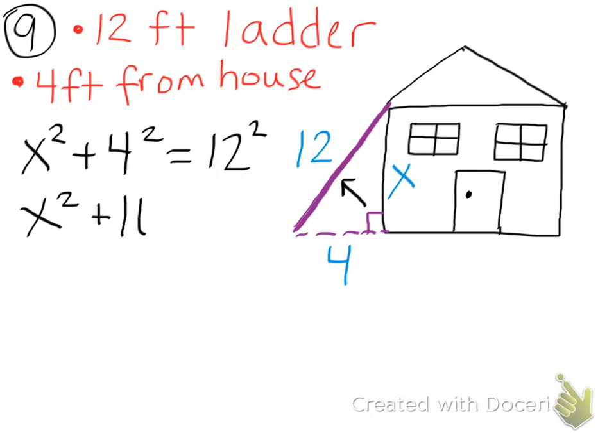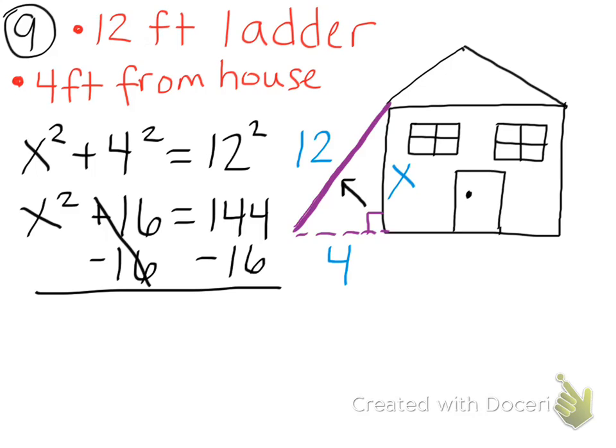So 4 squared is 16. And 12 squared is 144. To finish solving that, I'm going to subtract 16 from both sides. And 144 minus 16 is going to be 128, which is equal to x squared.